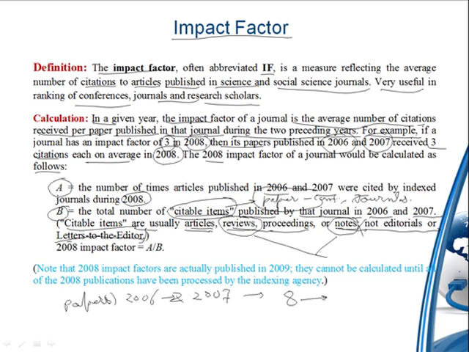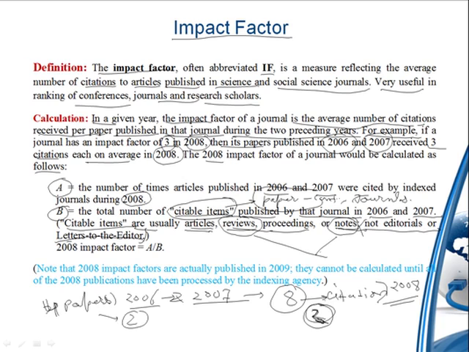Suppose a total of 4 papers were published in a journal in 2006 and 2007 and got total 8 citations. Then the average number of citations per paper is 2. They got 8 citations during 2008. So the average number of citations per paper is just 2, and that journal's impact factor will be 2.